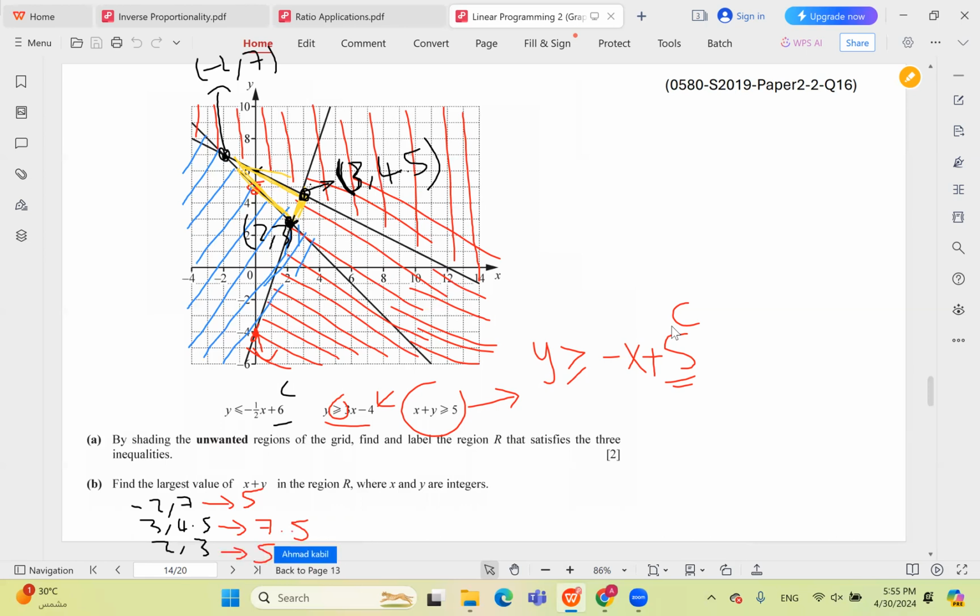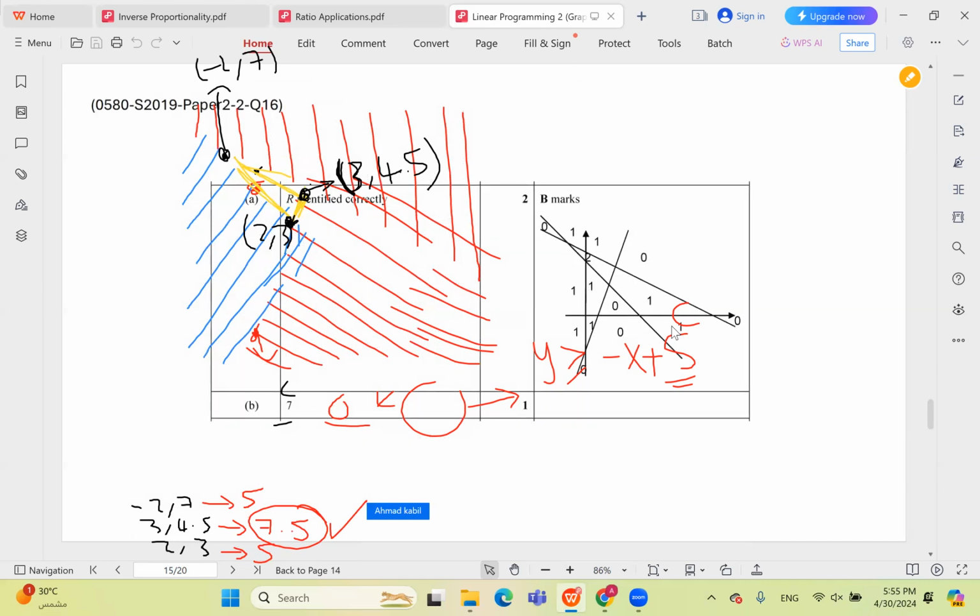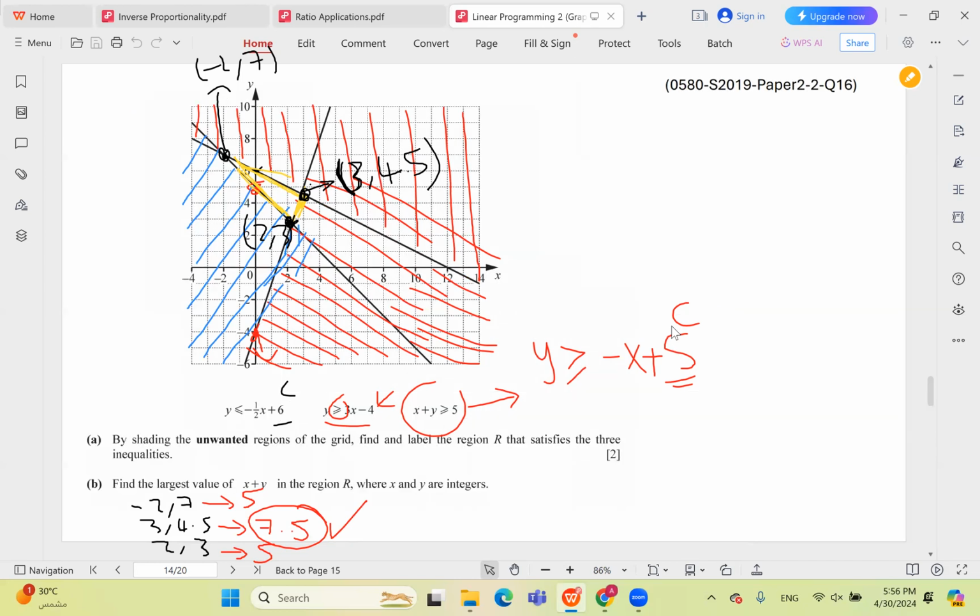So therefore, 7.5 is the largest value. So the triangle is correct. Their answer was 7. Maybe I made a mistake with the point of intersection. Maybe it should have been (3, 4) rather than (3, 4.5). This might have been just due to the accuracy of the drawing.